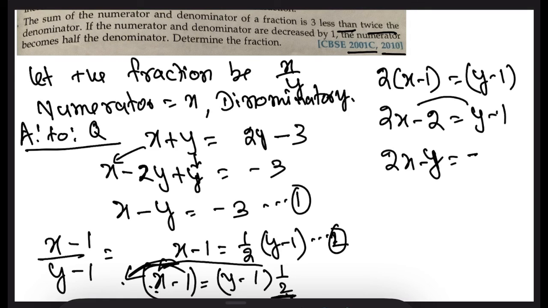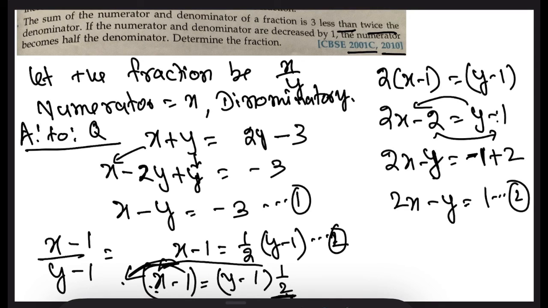This y has come this side, that's why minus y. Here minus 1, bringing the 2 over makes plus 2. 2x minus y equals 1. This is our second equation. The first equation is x minus y equals minus 3.